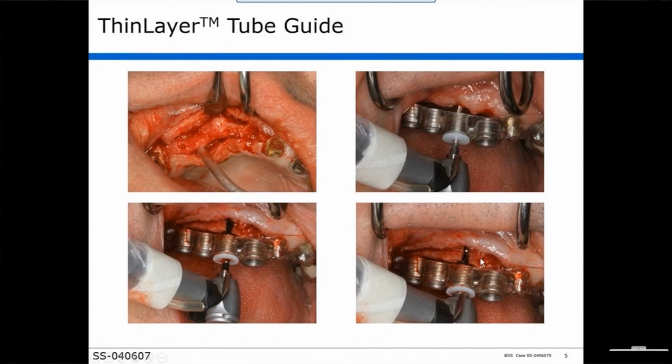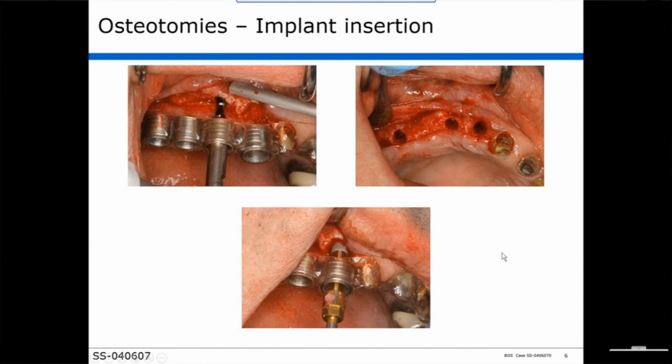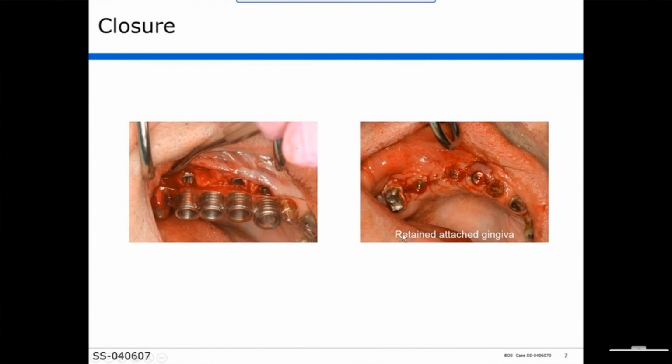Here's the ridge, and with the tubes, I just went through with my twist drills, creating osteotomies. Here are the osteotomies, number 4, 6, and 7. Again, I'm using a tube guide to center my driver to place an implant. And here's the final case. Here's the closure.